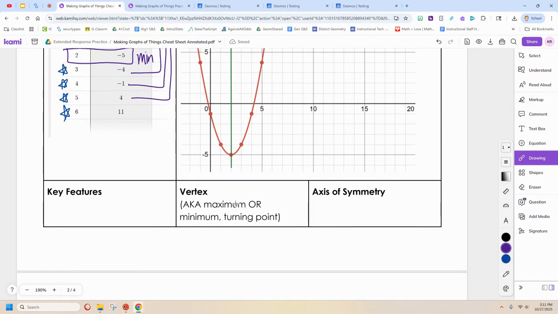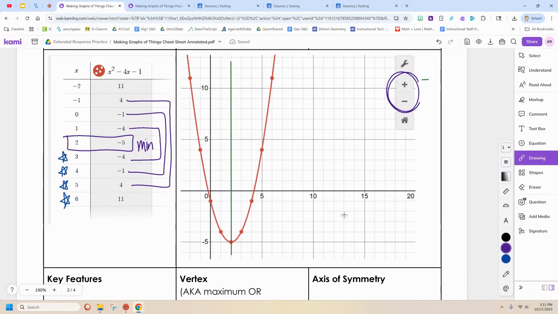And then the key features. Once again, they're going to ask us about that. Let me go back to this axis of symmetry and the vertex. For this particular picture, the vertex, the turning point, is a minimum, and it's the coordinate pair 2, 5.